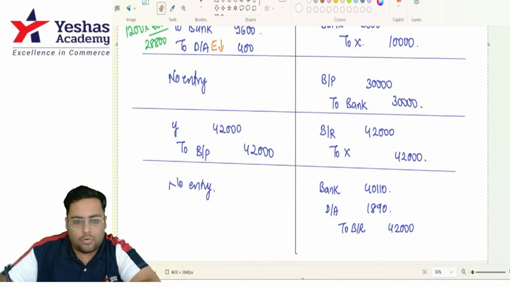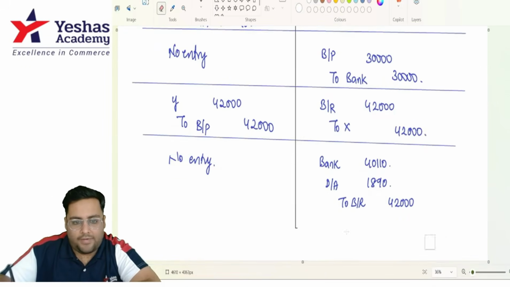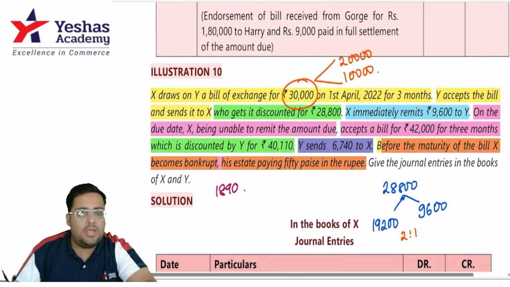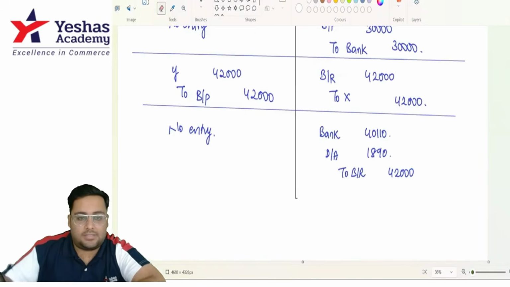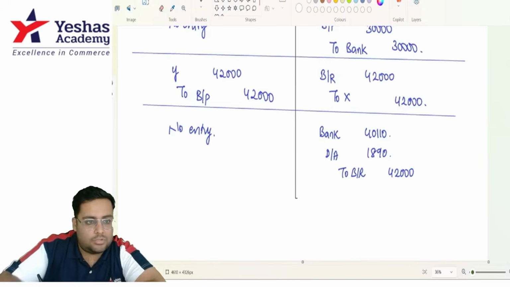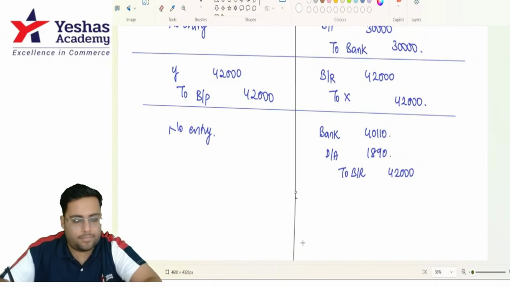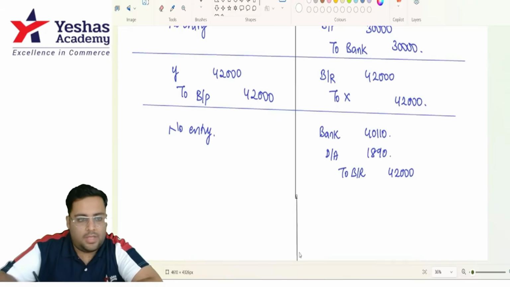Now let us read the story further. What is the next part of the story saying? If I go back to the question, the next part says, Y sends 6,740 to X. So we are continuing the story over there.